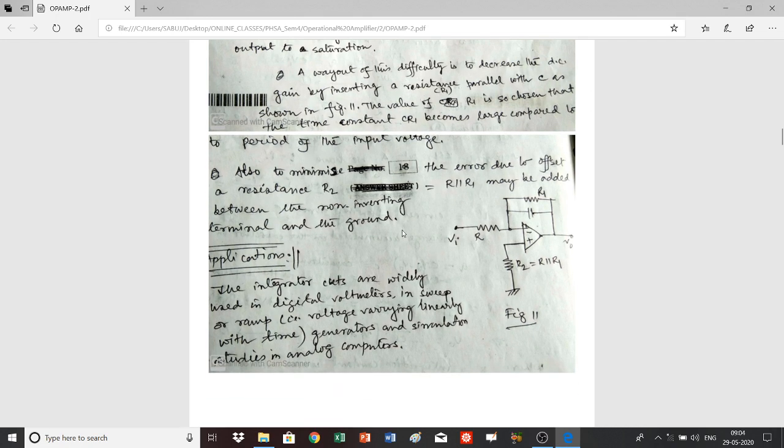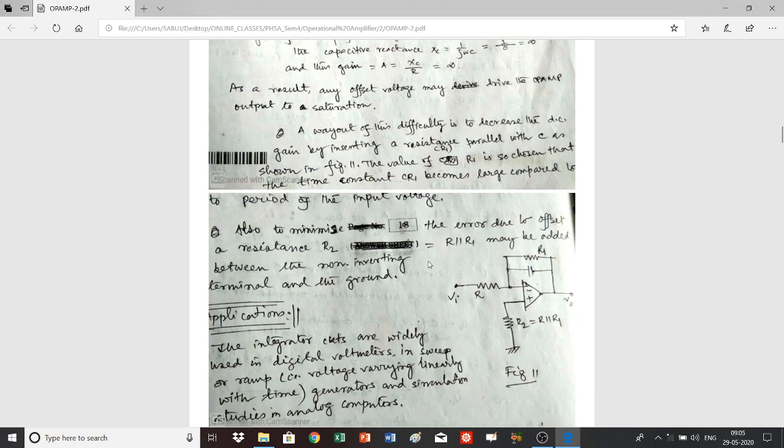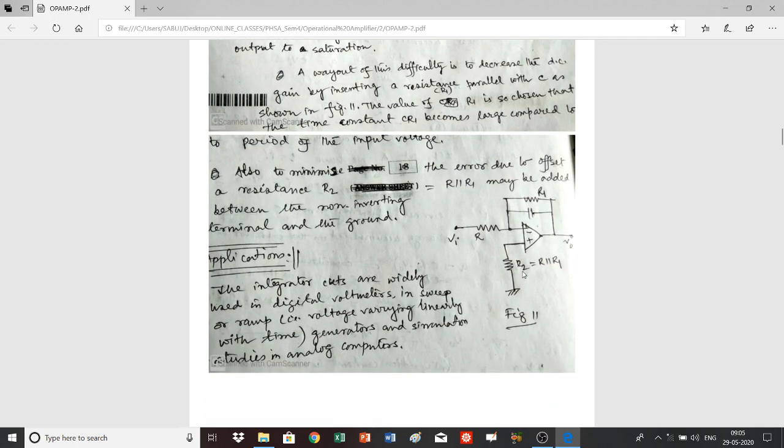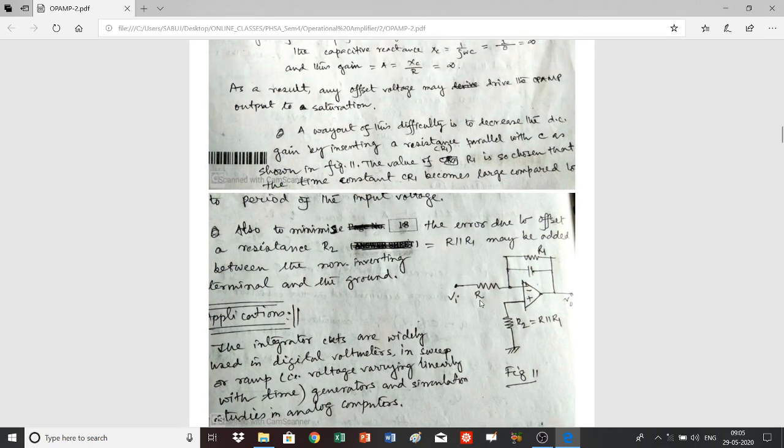Further, to remove the error that arises due to the very high gain of the amplifier with the capacitor, you can also use another resistance R2, such that the value of R2 is equal to the equivalent resistance of the parallel combination of R and R1.